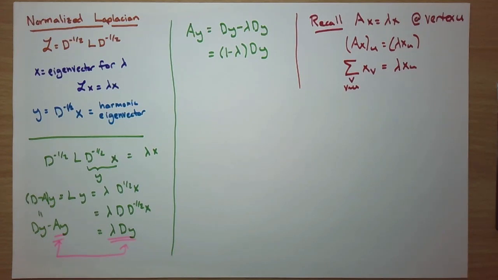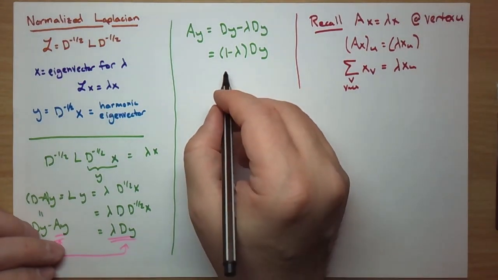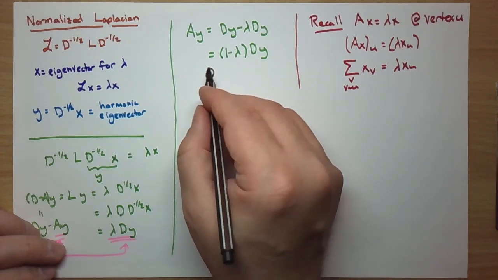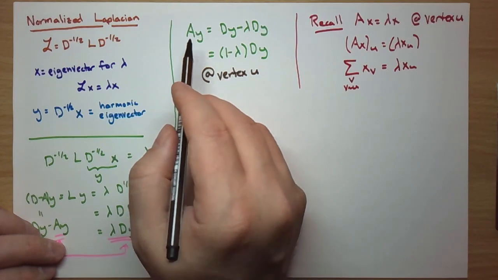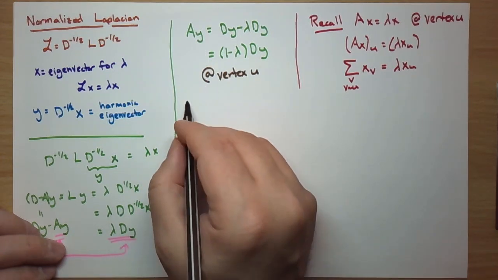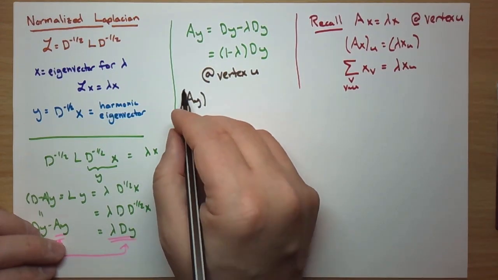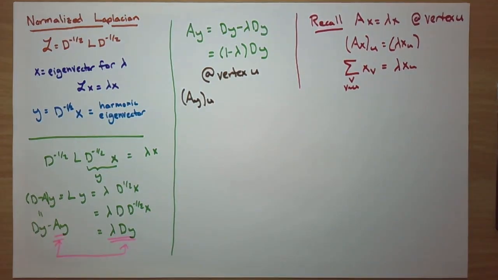Okay. Well, now let's do the same thing. We're at a vertex u. So this Ay at vertex u, what's going to happen?